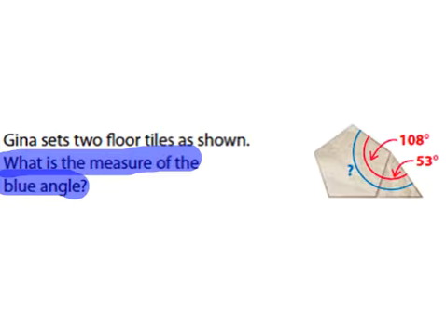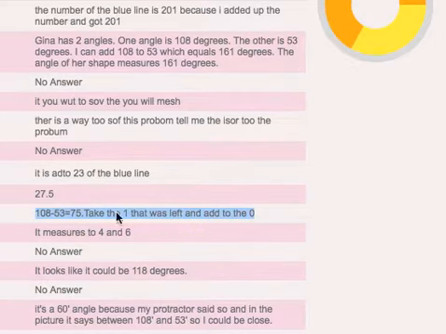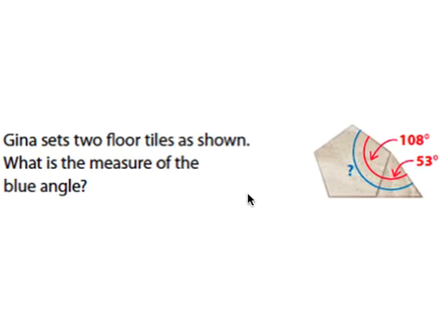Now let's look at the math from this one. 108 minus 53. Why would we be subtracting this angle and this angle? Why would we want to find the difference of these 2 angles?